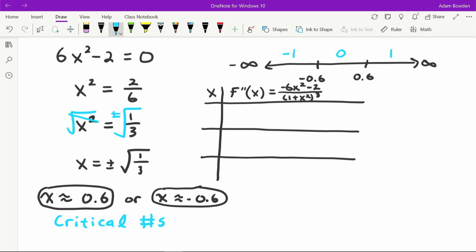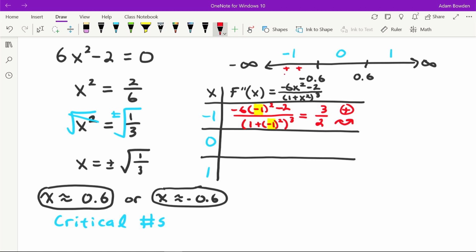For plugging in negative 1, it's going to look like negative 6 times negative 1 squared minus 2 all over 1 plus negative 1 squared all raised to the third. And I'll highlight the numbers I plugged in there, the negative 1. The calculator will give us a value of 3 over 2. Being a positive value in the second derivative, it's concave up.